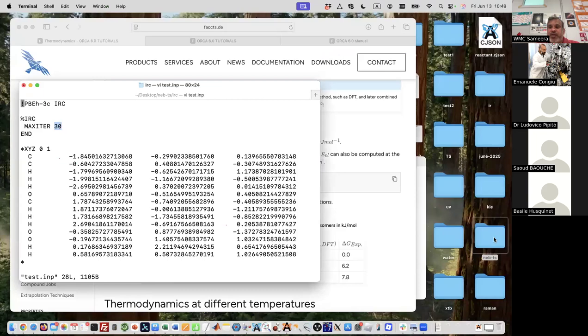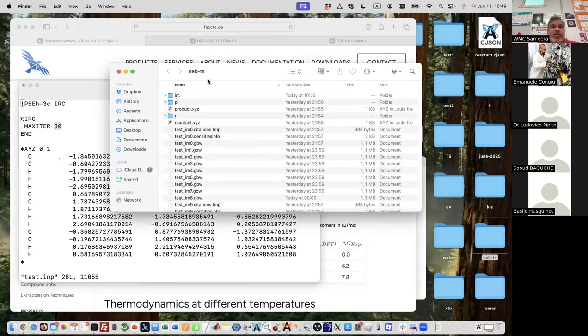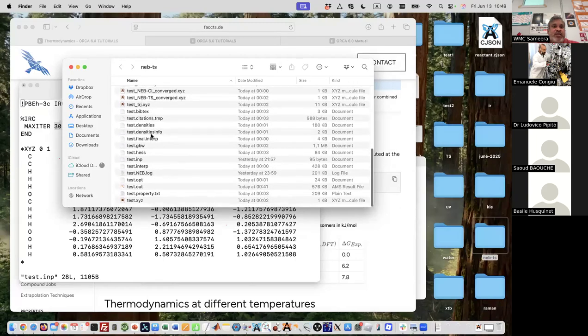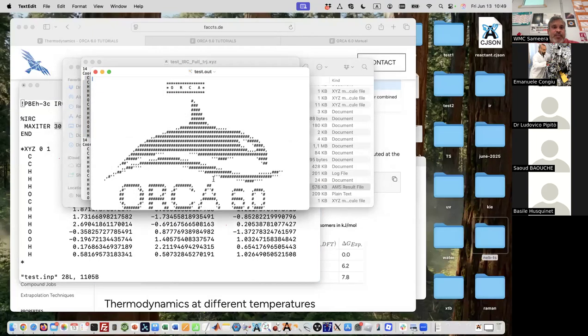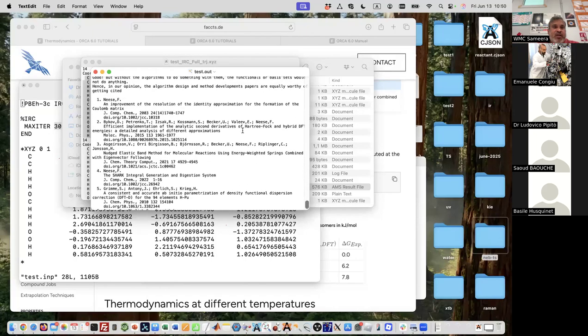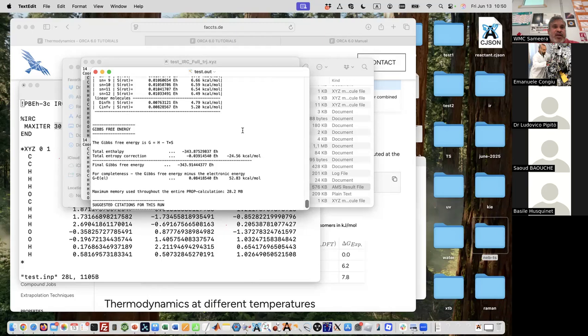Okay, so let's look at this, this is our NEB calculation. It has the transition state. I will look at the final Gibbs free energy.